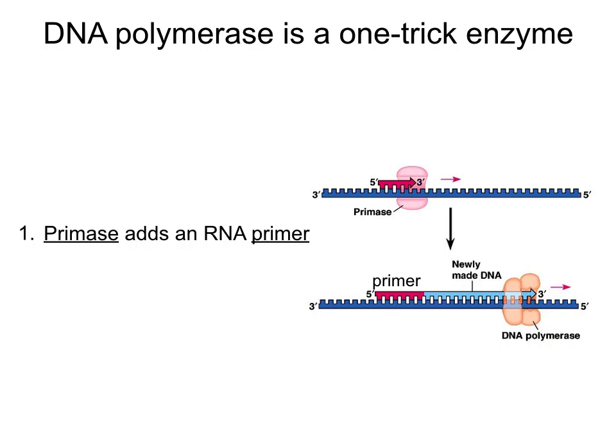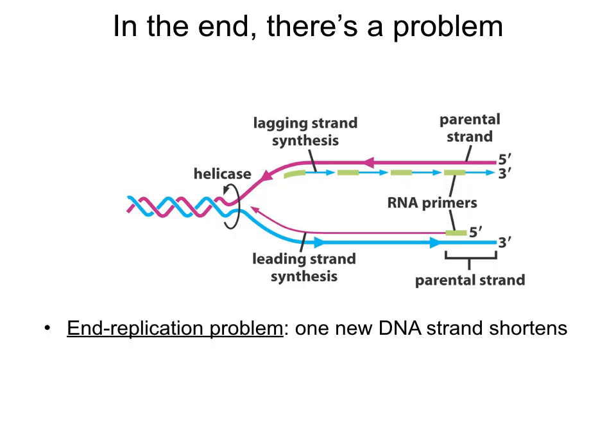So DNA Pol by itself can't initiate a new strand. We need primase to initiate that new strand, and then DNA Pol will only extend it. Now if we consider the fact that we have linear chromosomes rather than circular chromosomes, you can imagine that at the end of a chromosome, we're going to run into a problem.